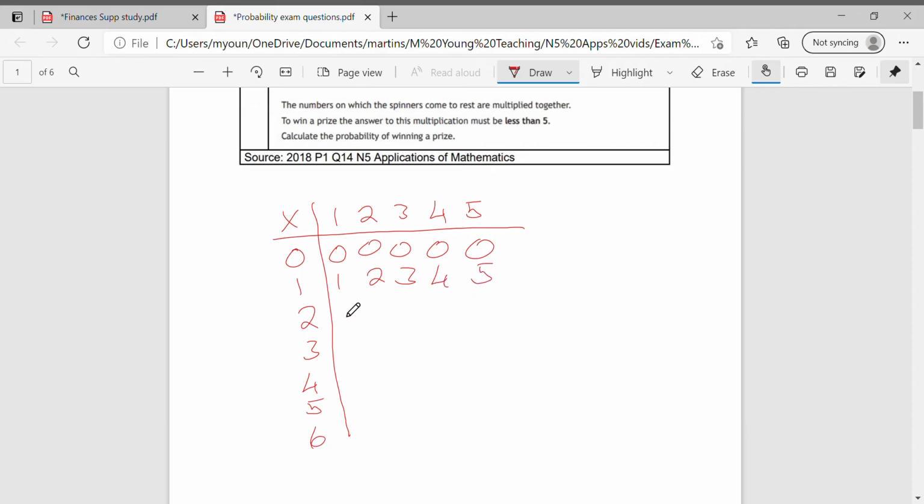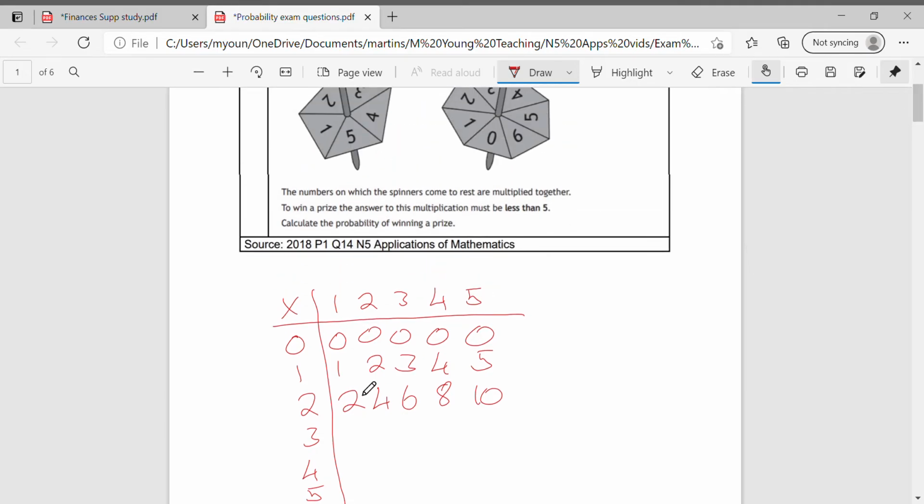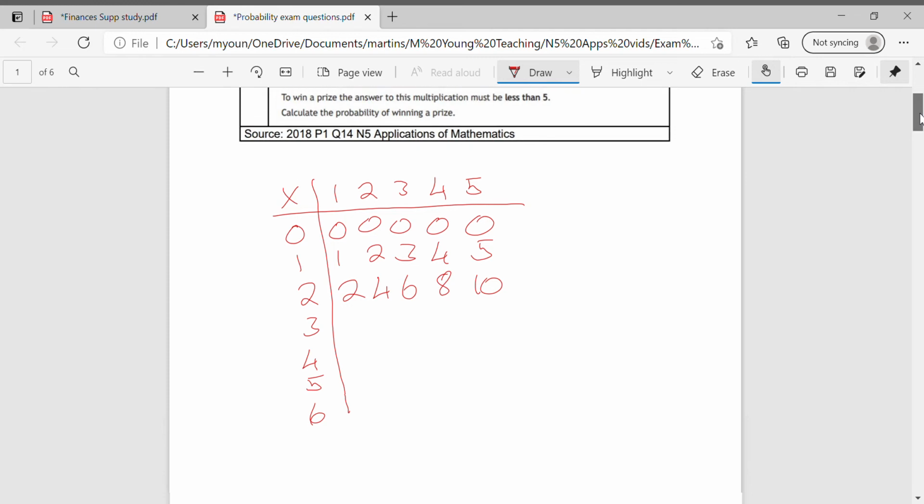2 times 1 would be 2, 2 times 2 would be 4, 2 times 3 is 6, 2 times 4 would be 8, 2 times 5 would be 10. And then obviously if you think about it, doesn't matter which one has the 5. For example, you've covered 5 times 2, whether that's the 5 on the left and the 2 on the right or vice versa, they both would give the same answer.